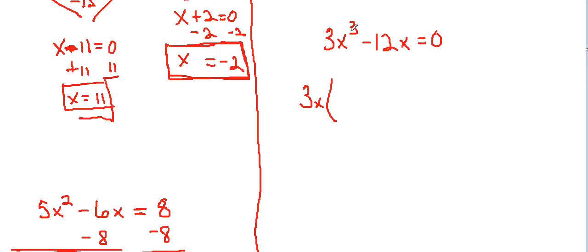3x cubed divided by 3x is x squared. And then negative 12x divided by 3x is negative 4. That equals 0 now. Okay, so it's factored, and what I've got here is the 3x.